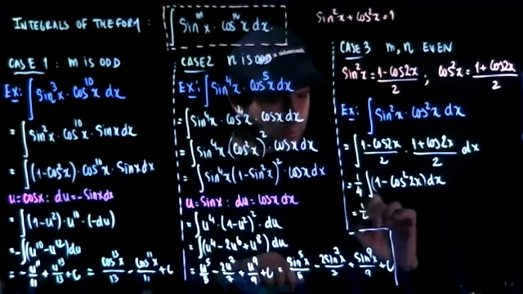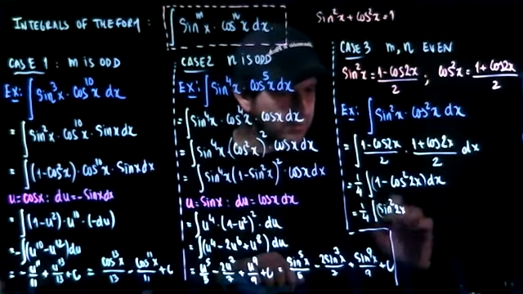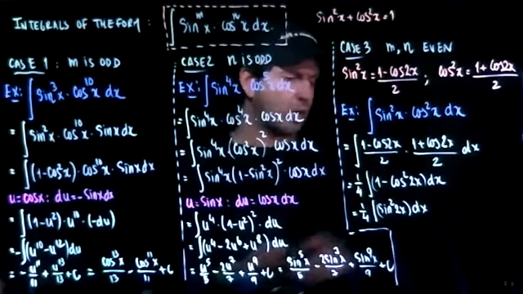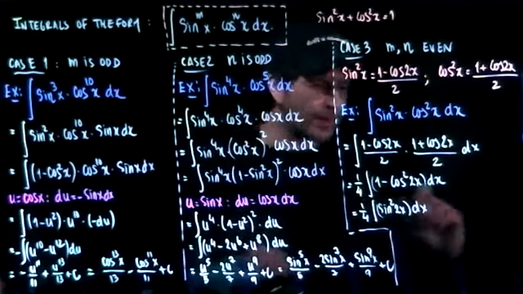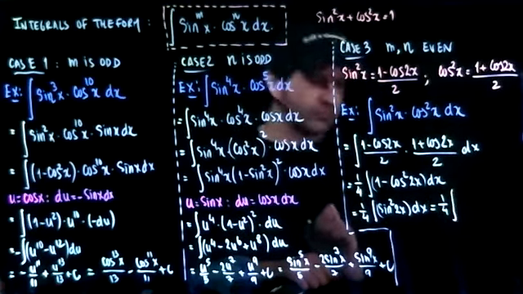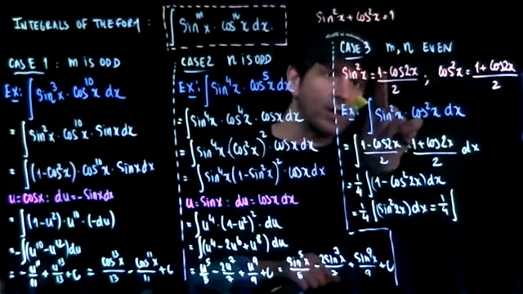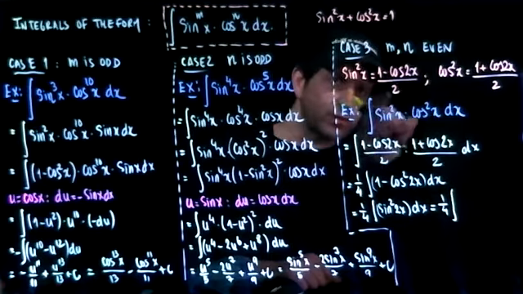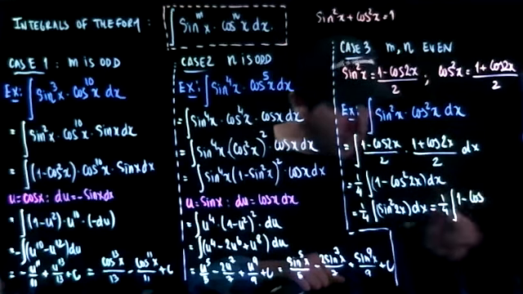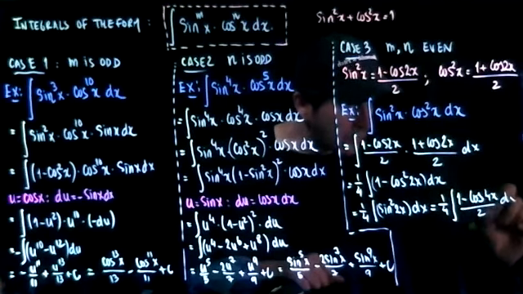So I have here 1/4 the integral of sine squared of 2x dx, which is 1/4 the integral of, and again, sine squared is 1 minus cos of 2 times the angle over 2. So I use 1 minus cos of 4x over 2 dx.